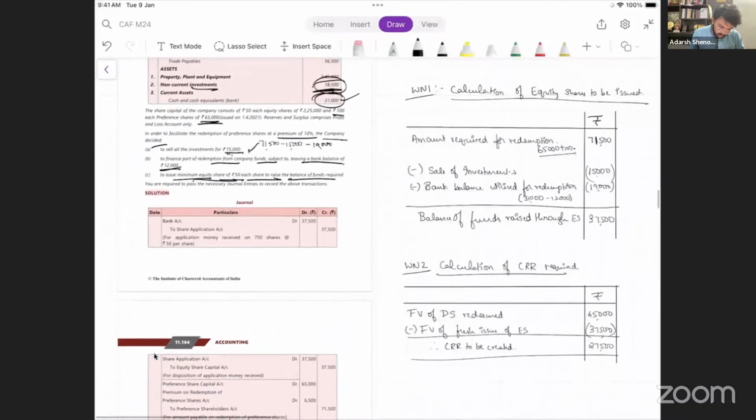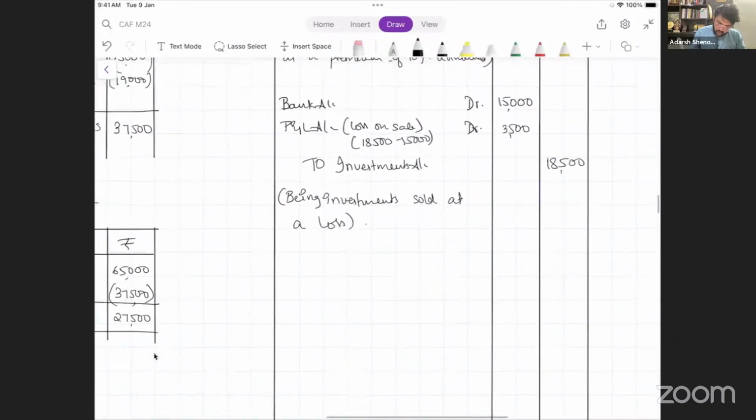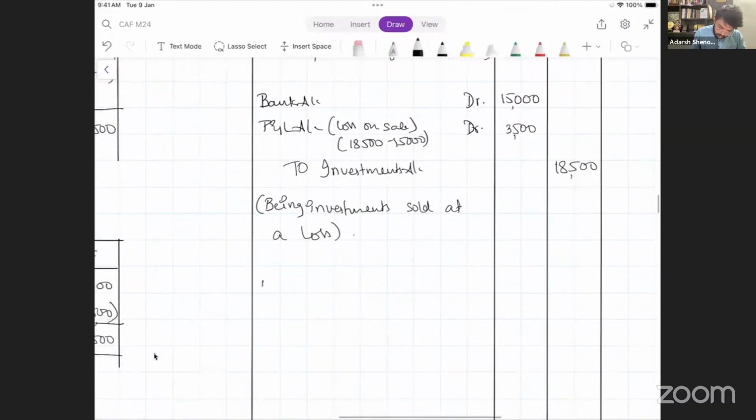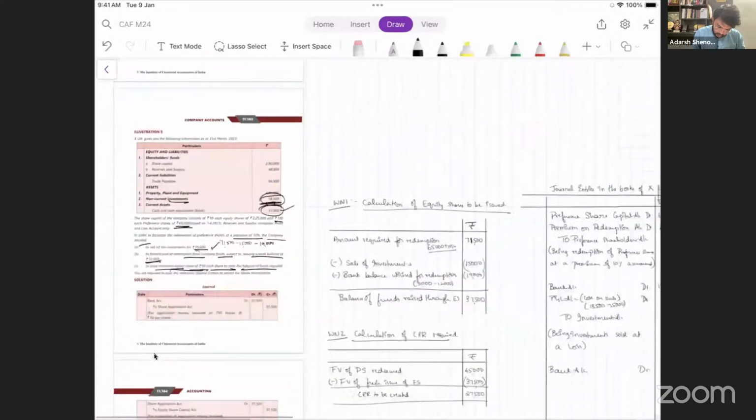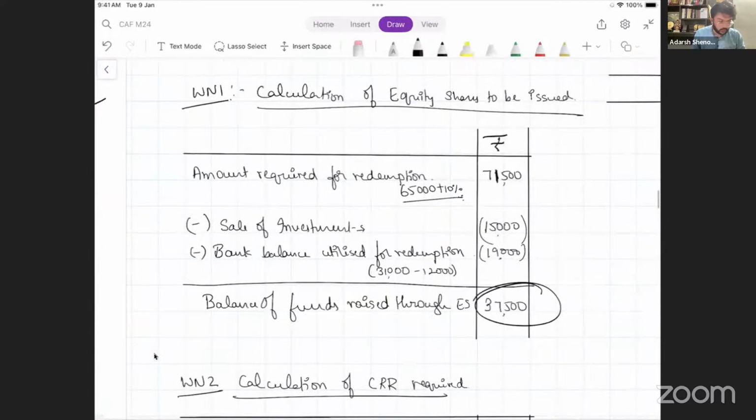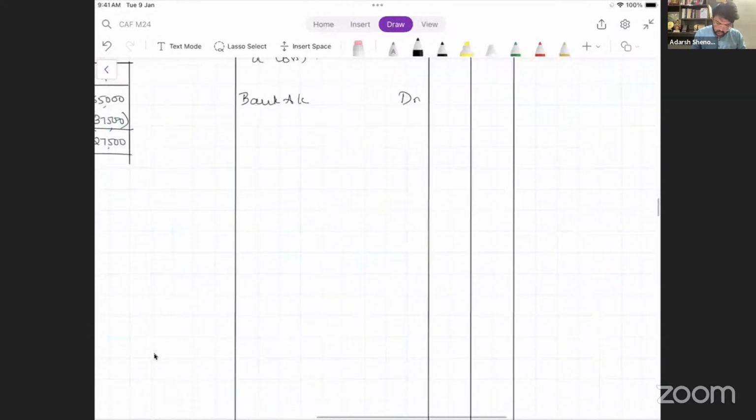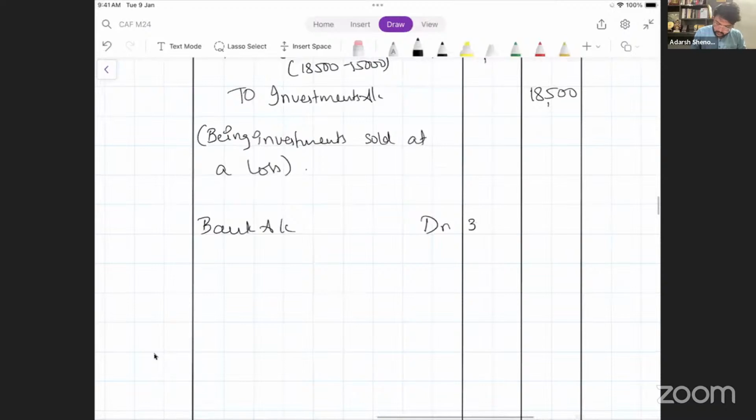Next, let's issue the shares. Bank account debit. How much shares am I issuing? We are issuing 37,500 worth of equity share capital. Bank account debit 37,500 to equity share capital 37,500.